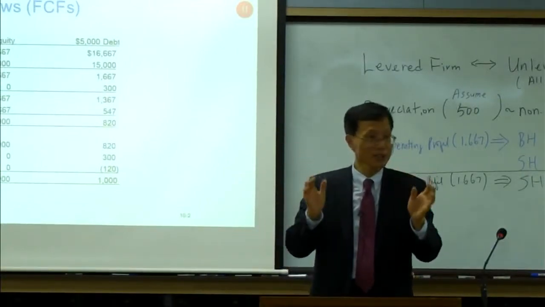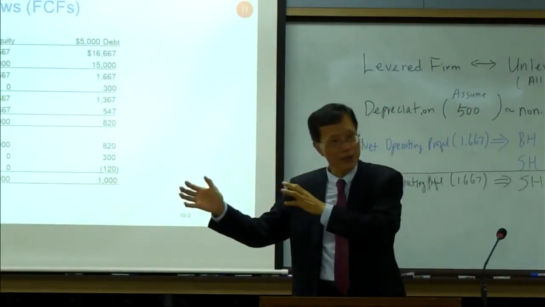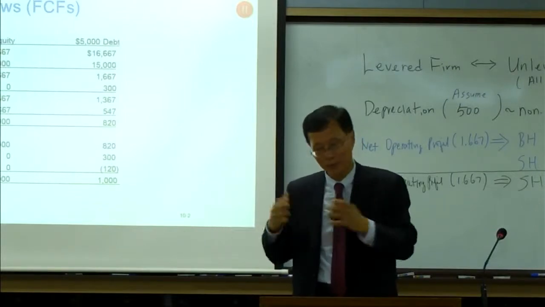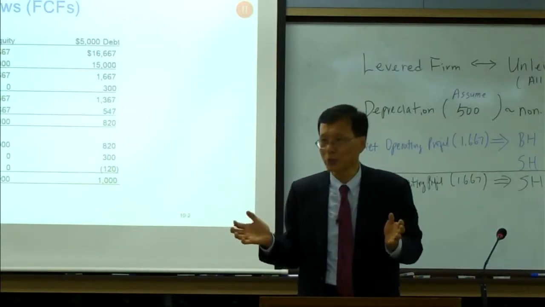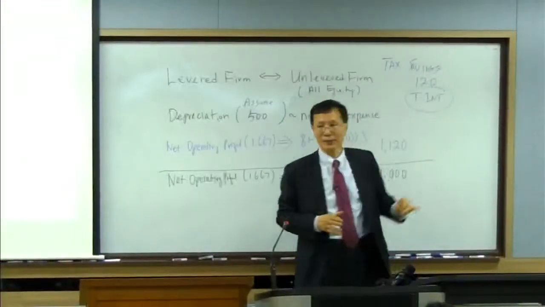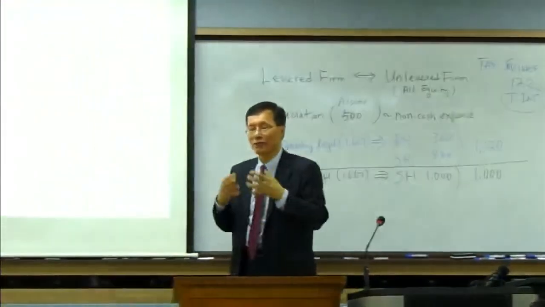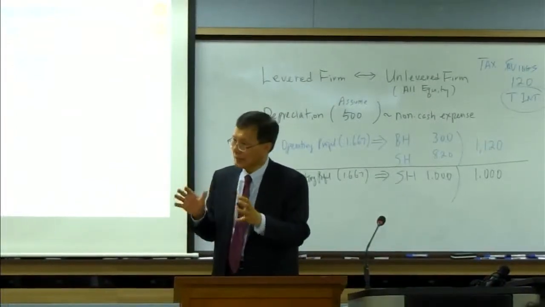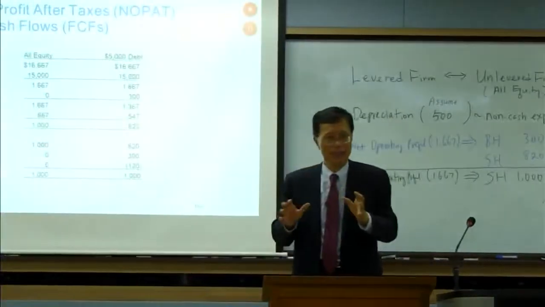That discussion will be later in the semester, probably early June. We'll talk about how this tax saving due to interest payment will affect the company's capital structure. We'll discuss that in June.